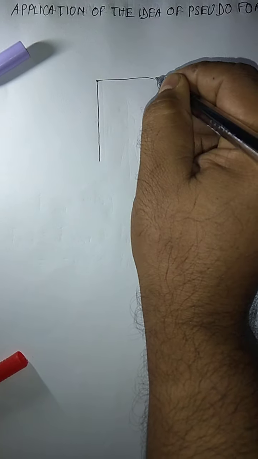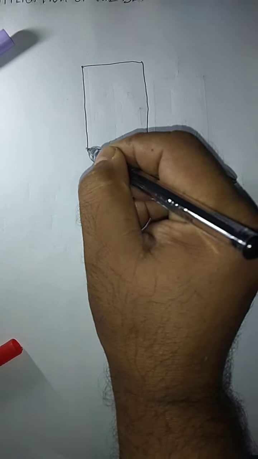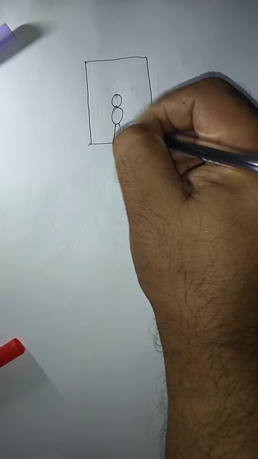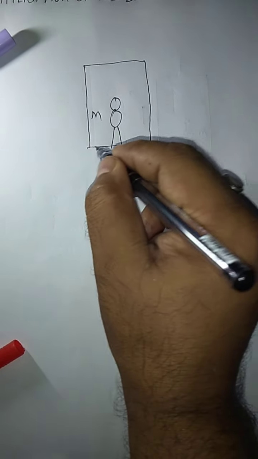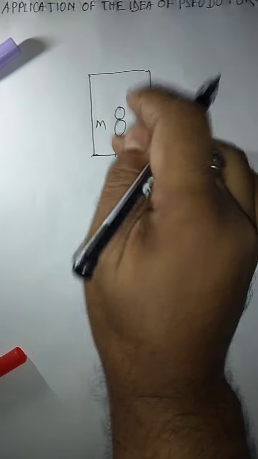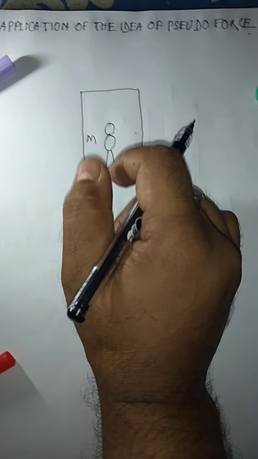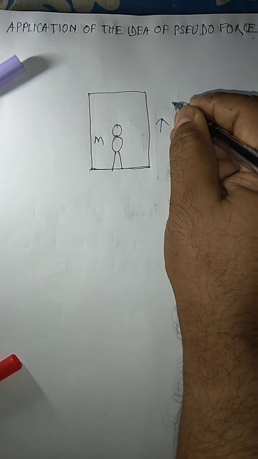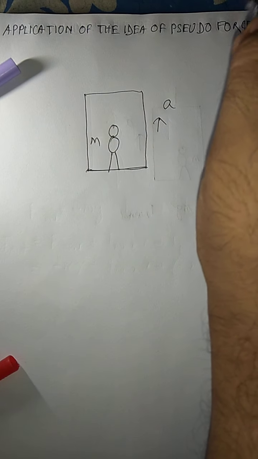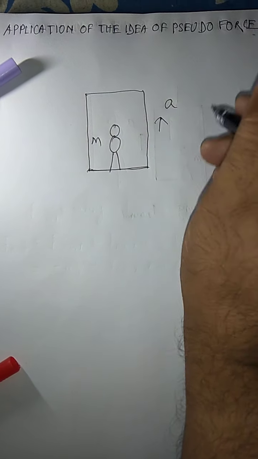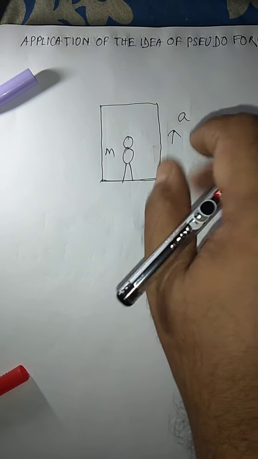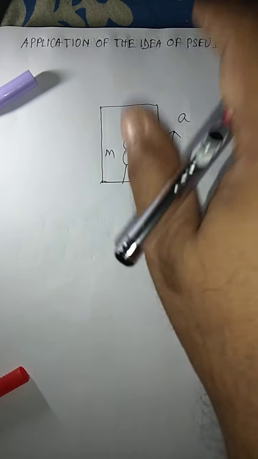Let this be an elevator, and in it a man of mass m stands on the floor of the elevator. The elevator has an acceleration a directed upward. Now let's assume that any vector directed upward is positive and any vector directed downward is negative.